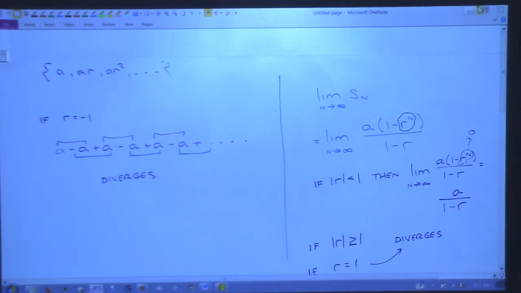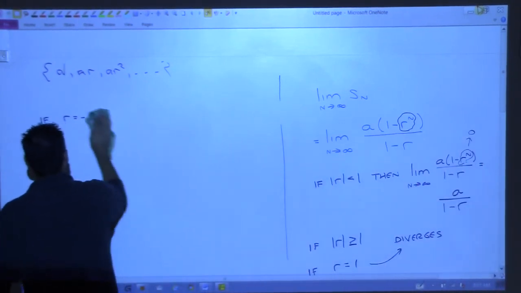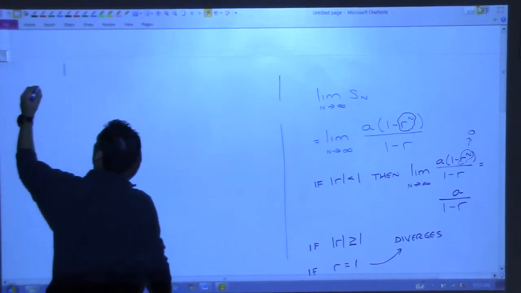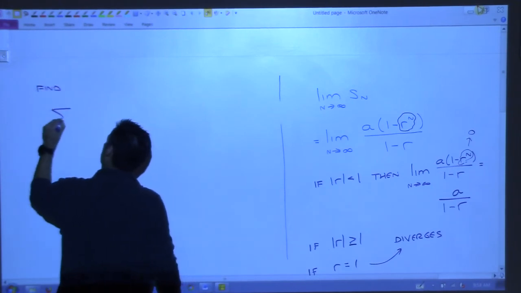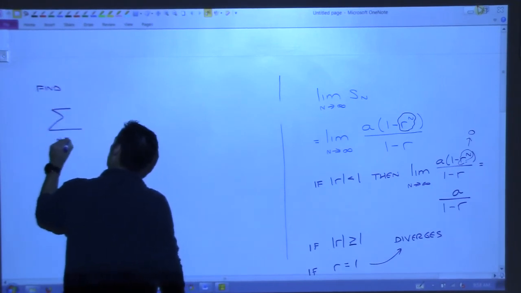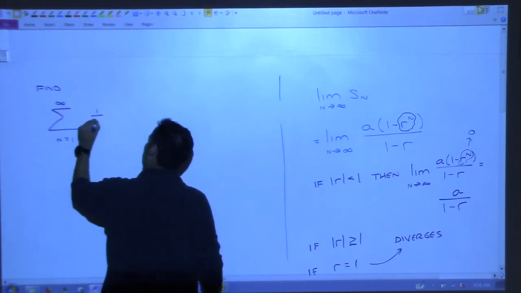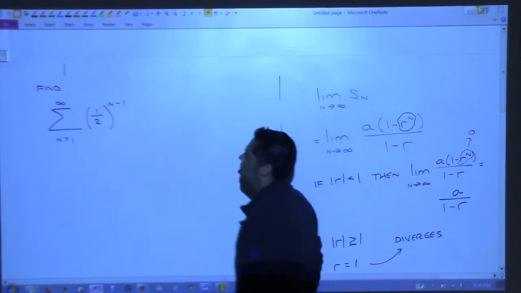Let's do an example. Find the sum from n equals 1 to infinity of 1/2 to the n minus 1.